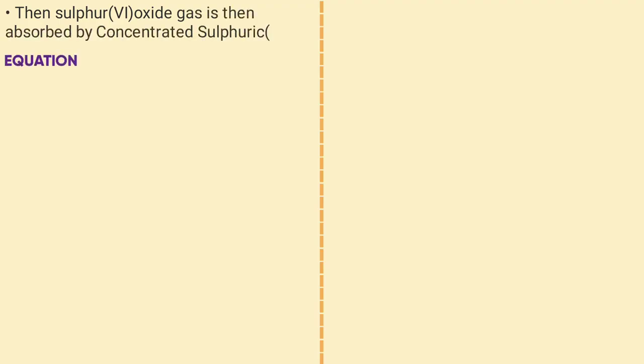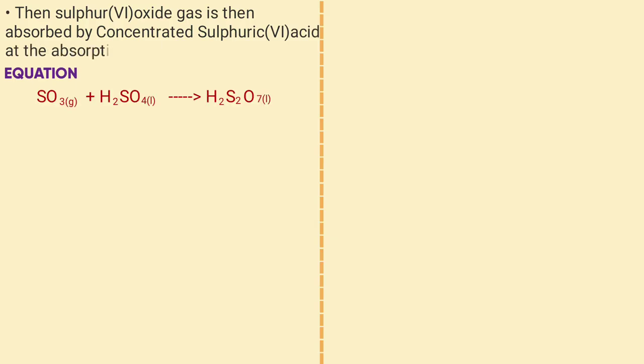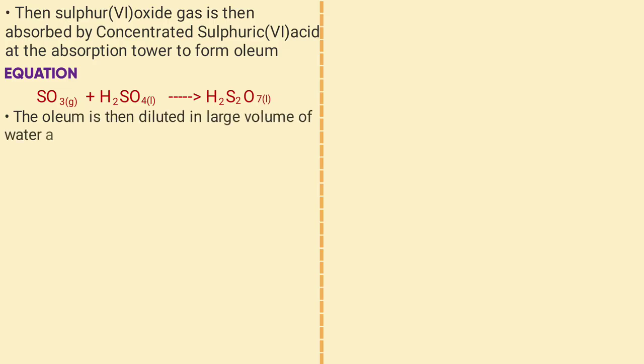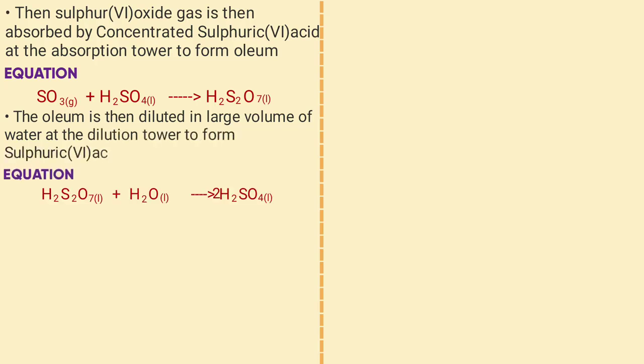The equation is as follows: sulfur trioxide plus sulfuric acid, arrow, oleum. The oleum is then diluted in a large volume of water in the dilution tower to form sulfuric acid. The equation is: oleum plus water, arrow, 2 sulfuric acid.